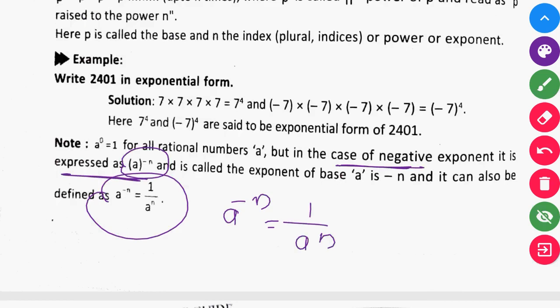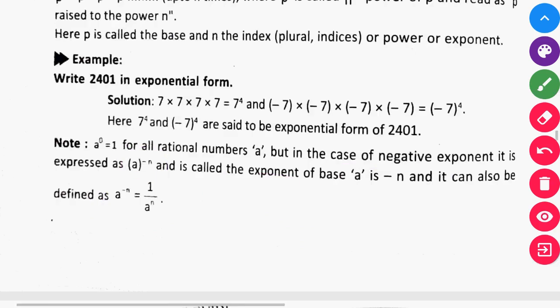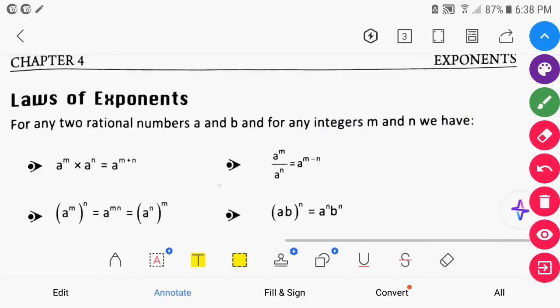If the exponent is negative, it can be written as 1 upon a raised to n, meaning it becomes positive in the denominator. So we just write its reciprocal to make it positive. For example, if 2 raised to -3 is there, you can write it as 1 upon 2 raised to 3. This you have to understand.